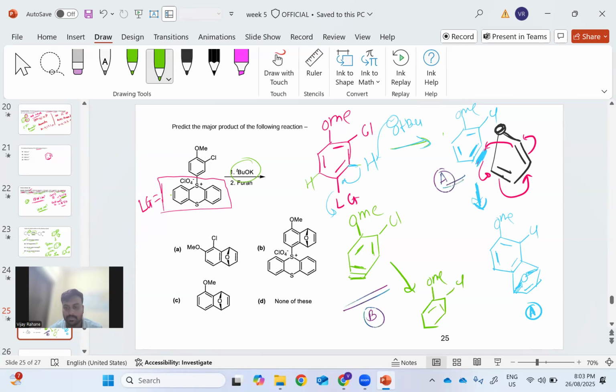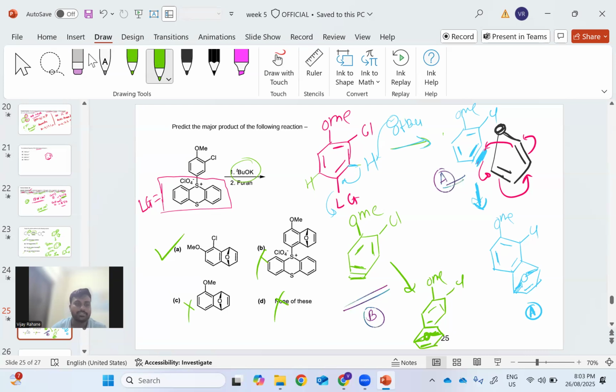This all things will remain the same, and this is the O, right? So this is the product. So double bond here. So these are the two options. If you look at the options that we have been given, obviously these options are incorrect. Anyway, in this question we have only one option given, which is more relevant.